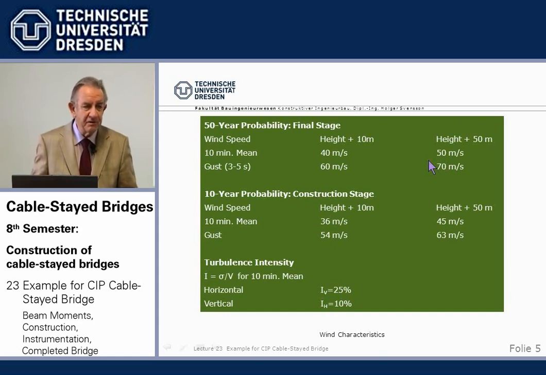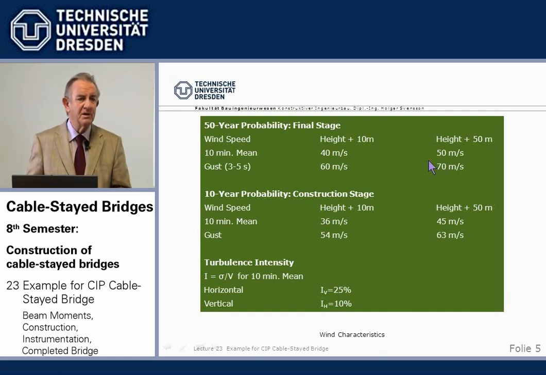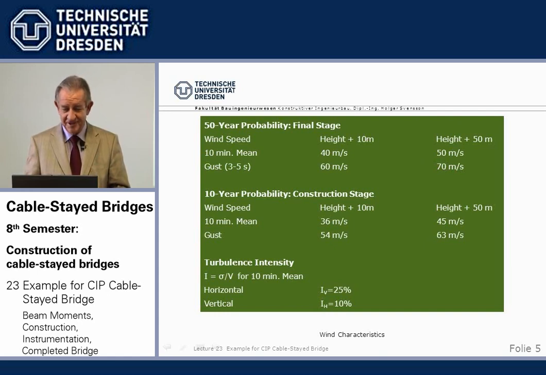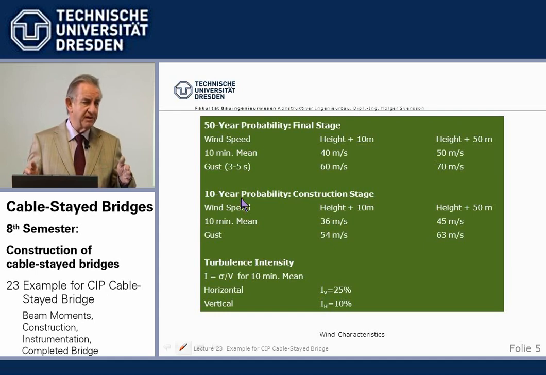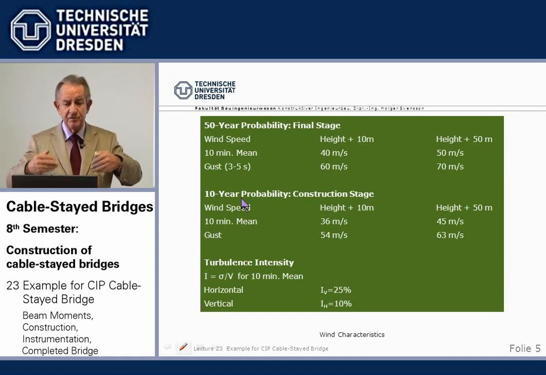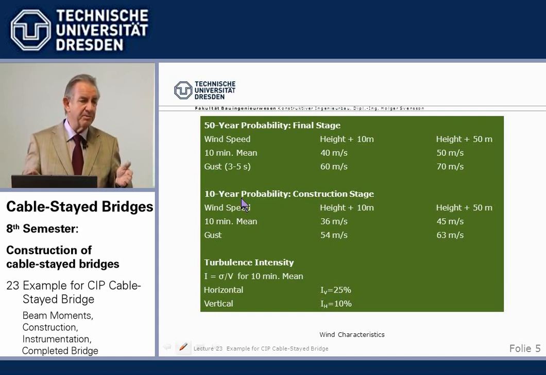So 250 kilometers per hour storm, that's something. You will not stand up in it. It blows you. And we have pictures of all that. So we can remember 250 kilometers per hour wind occurs, and if we say, okay, the construction takes place, say 2 years in this case, now we don't need the full 50-year for the final stage, we just take a 10-year probability.